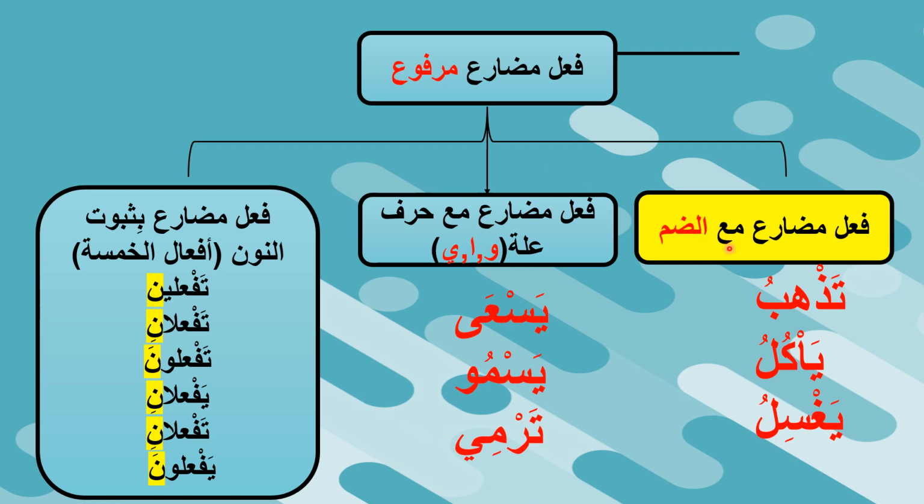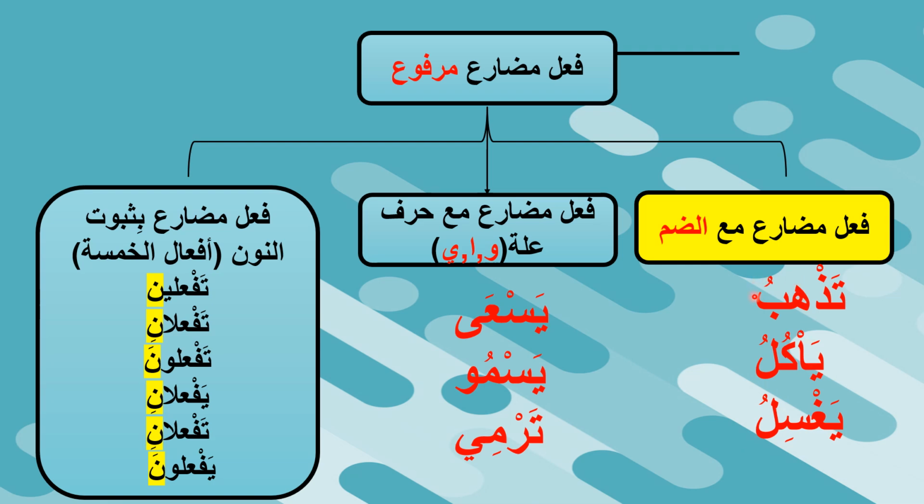First of all is Fel Mudaare with Dam. Here I have given examples, all the Fel Mudaares that you see with a clear dhamma on the last letter, when the letter is Sahih. What is Sahih? Sahih means all the letters except the three weak letters, that is Waw, Alif and Ya.